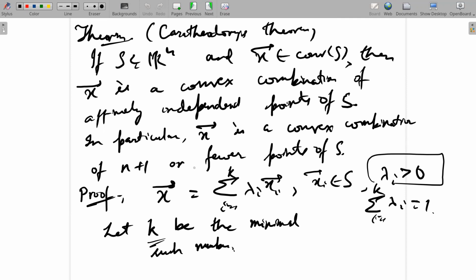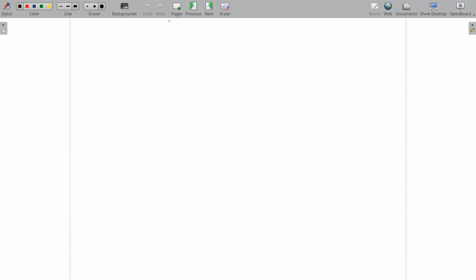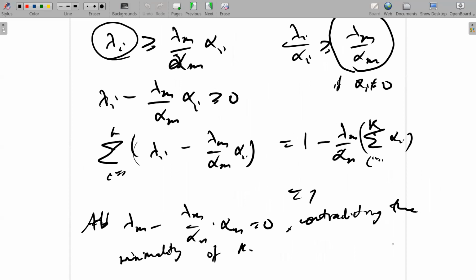So as a corollary, x is a convex combination of n plus 1 or fewer affinely independent points of S. So this is QED.